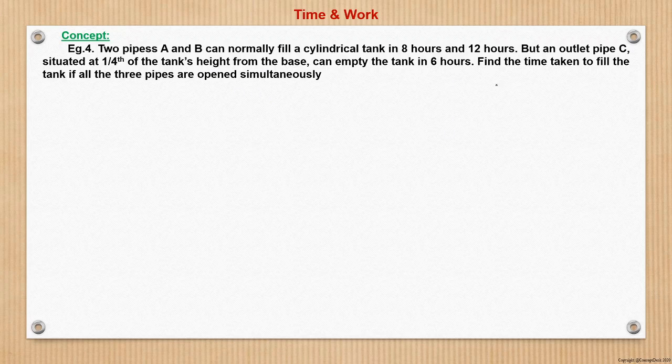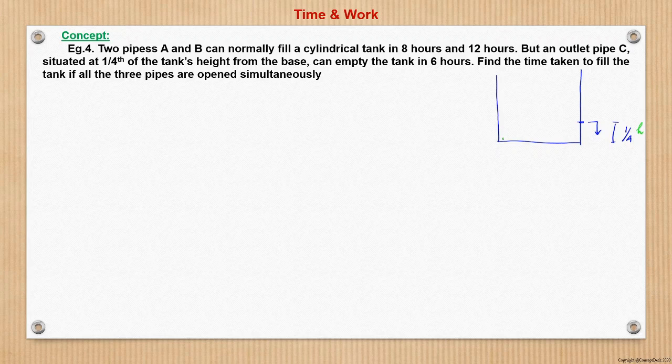Let us see here. The question says there is a leak situated at 1/4 of the tank's height from the base. So basically here somewhere there is an outlet pipe, which is at a distance of 1 by 4 of H.